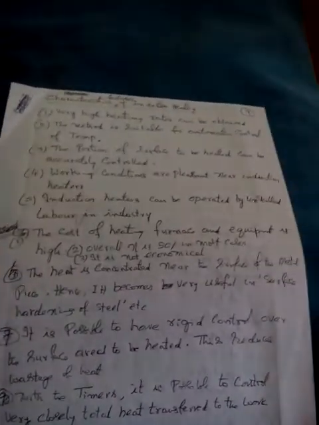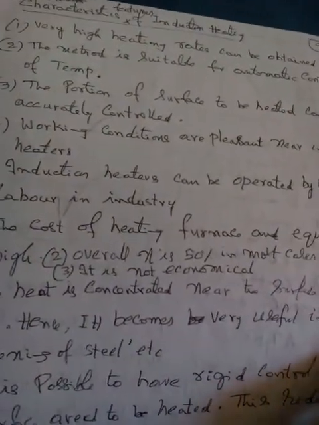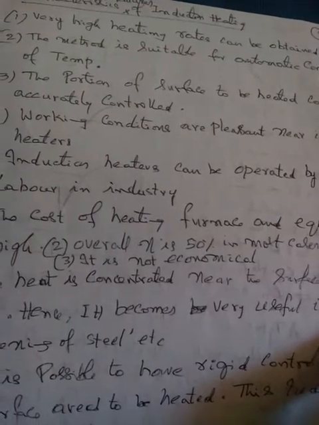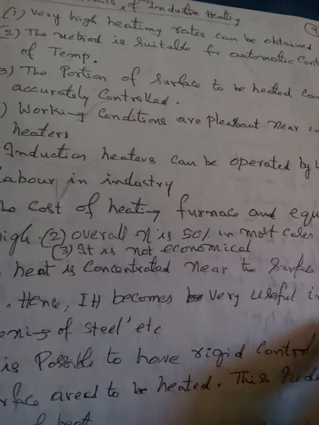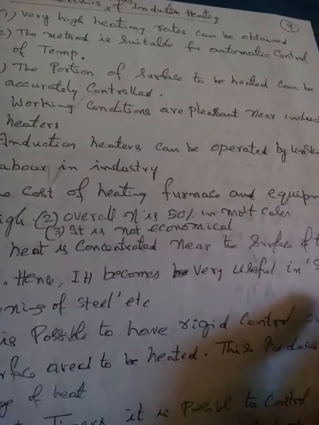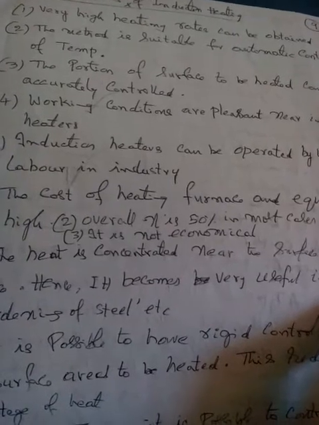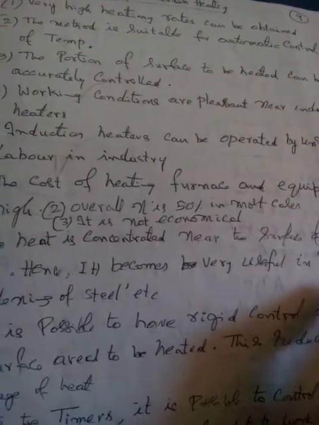So we can note down the characteristic features of induction heating. Number one, very high heating rates can be obtained. Number two, the method is suitable for automatic control of temperature. Number three, the portion of surface to be heated can be accurately controlled. Number four, working conditions are pleasant near induction heaters.